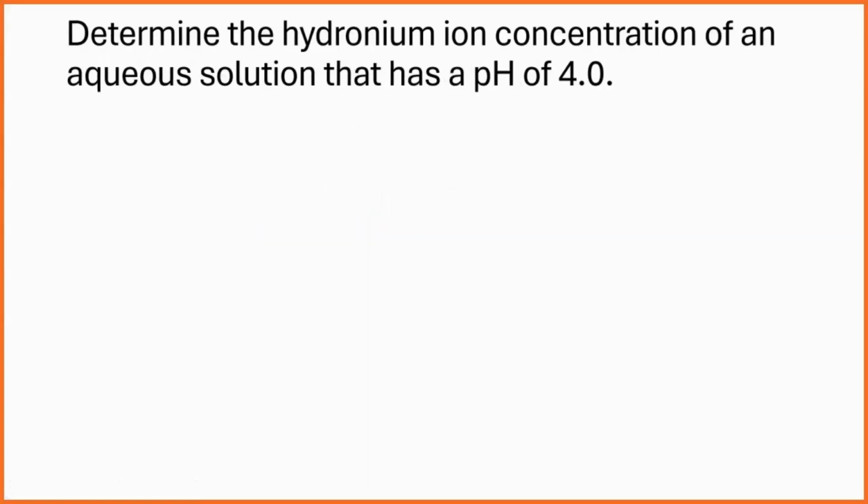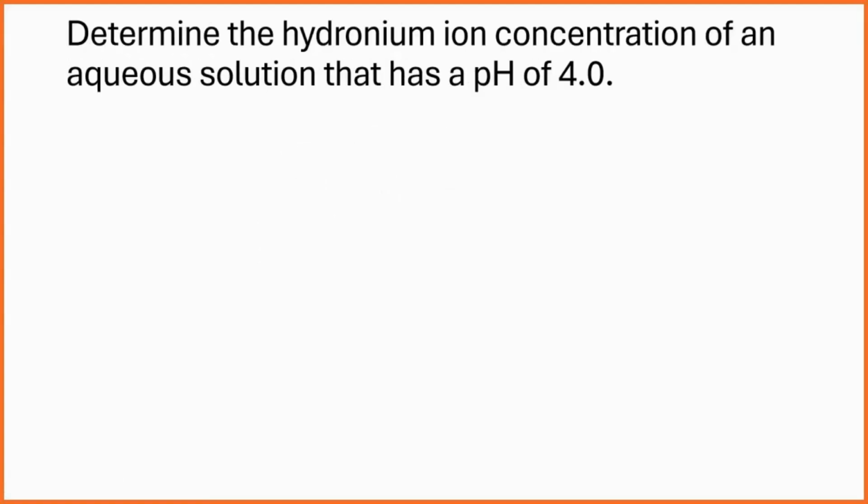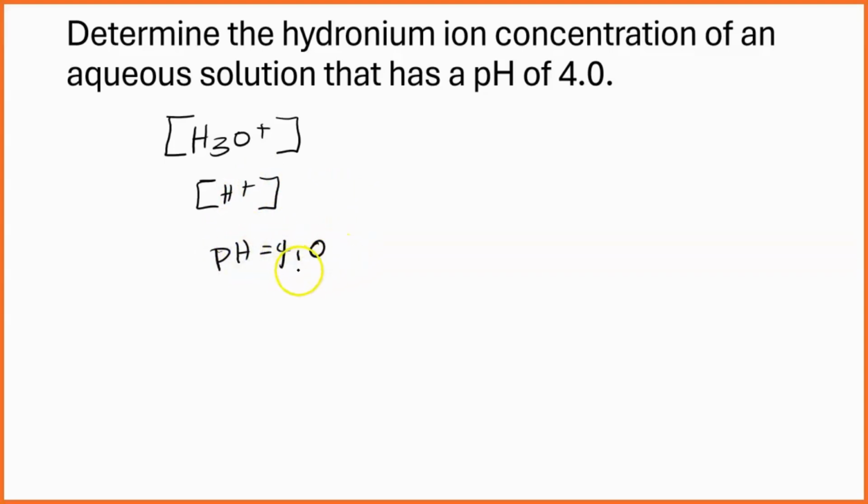The formulas that we saw, we'll go over them in a second. Let's just try one more. So determine the hydronium ion concentration. Hydronium is that H3O plus or H plus, they're the same thing, of an aqueous solution that has a pH of 4. So any formulas that really relate pH and the hydrogen concentration.